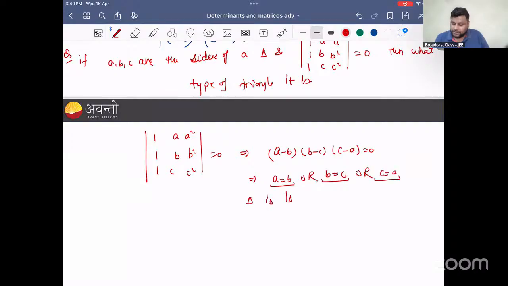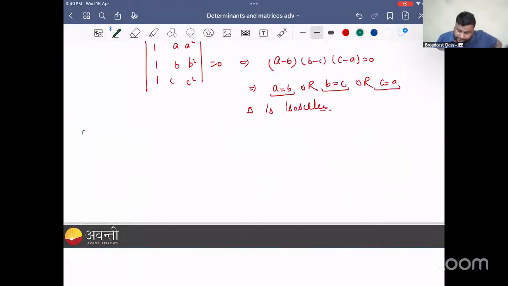Definitely, if equilateral, these conditions are also valid, but equilateral is a subset of isosceles triangle. So the larger case is isosceles. Understood?